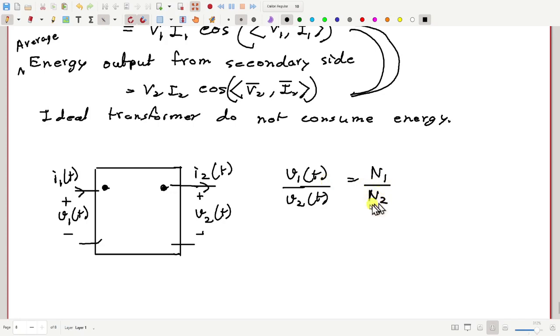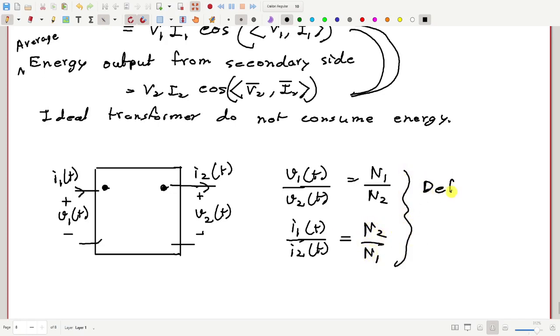Anyway, this is true. V1 by V2 is equal to N1 by N2, and I1 by I2 as a function of time should be equal to N2 by N1. This is the definition of an ideal transformer.